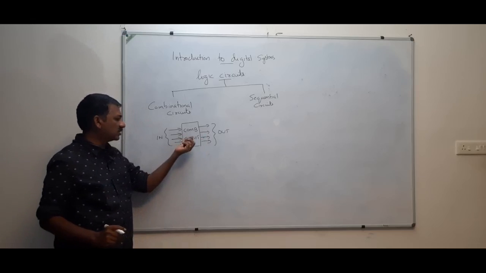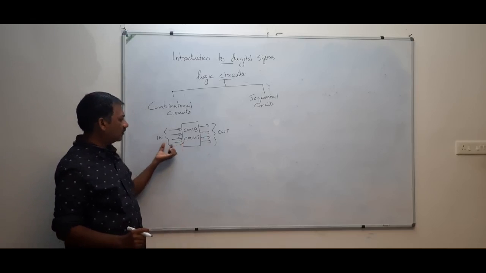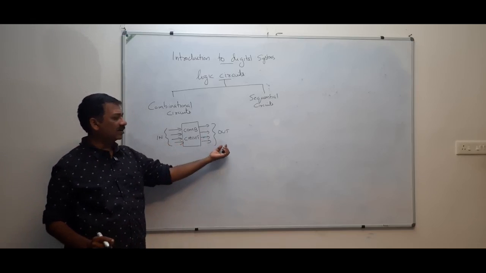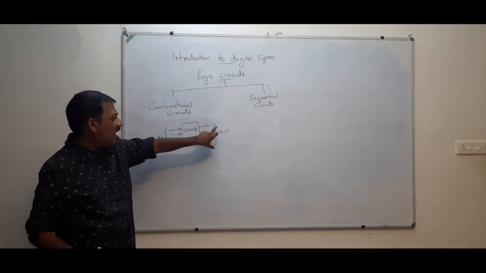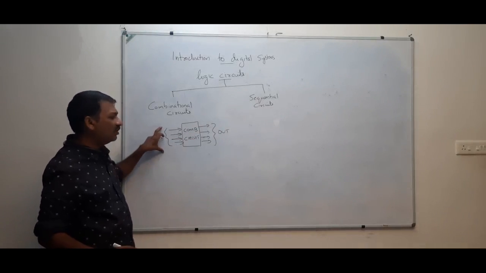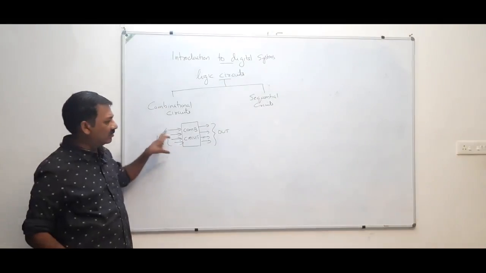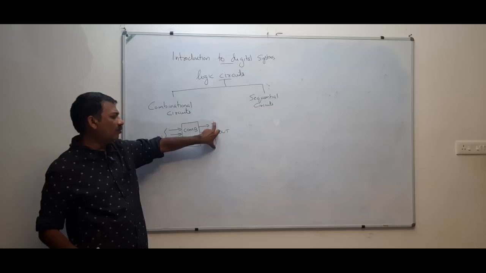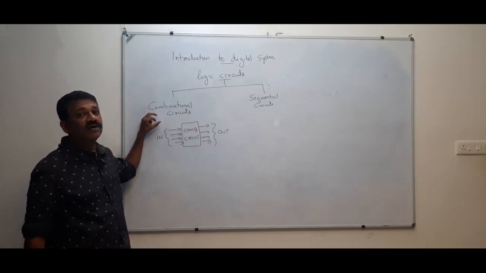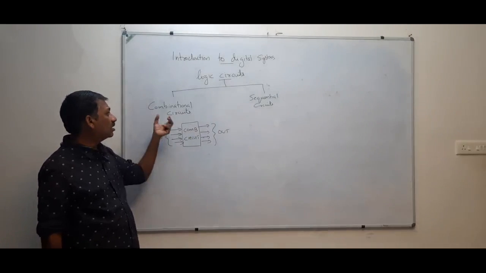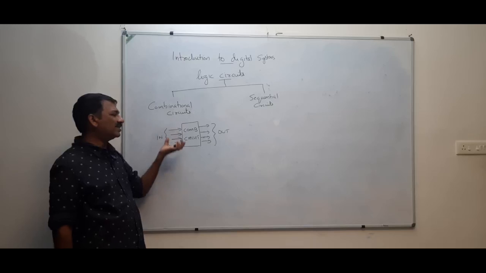Here we have a number of inputs and a set of outputs, and this output depends only on the inputs. That means the output is dependent only on the inputs, and that kind of circuit is called a combinational circuit. It doesn't have any memory.